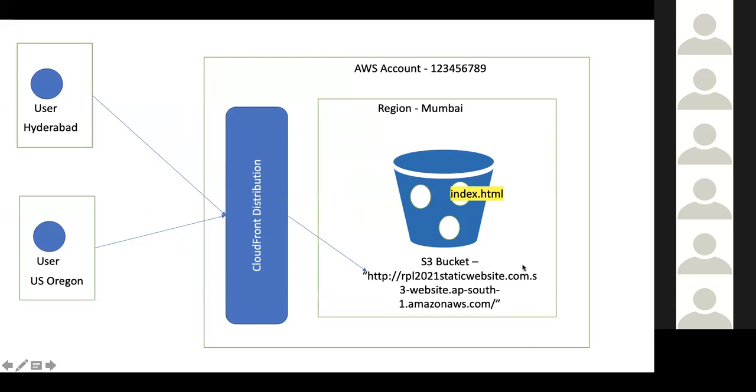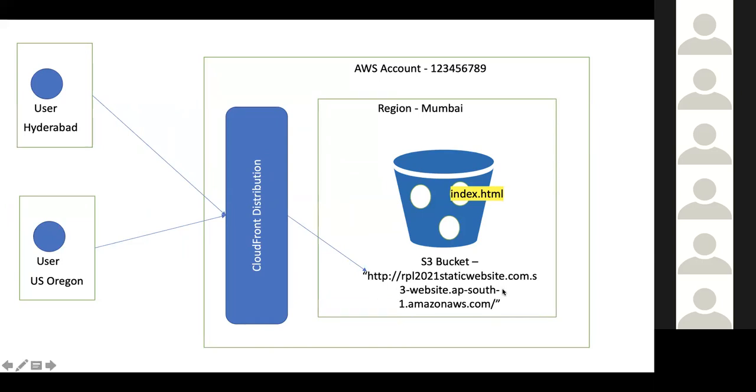Now the first time when you create this CloudFront distribution, it will take the content from this website and distribute it across those 300 edge locations across the globe. And then onwards, you only access the CloudFront URL instead of accessing the S3 URL directly, right?